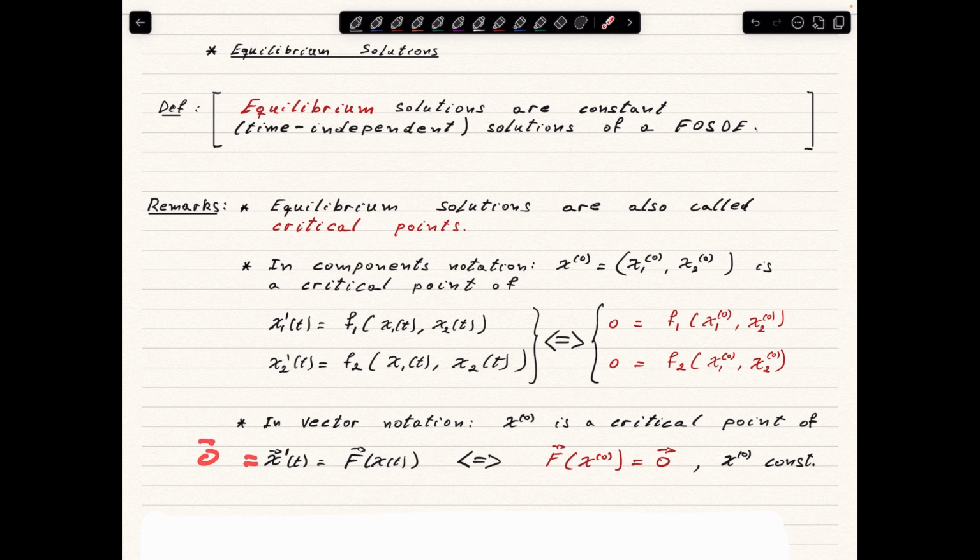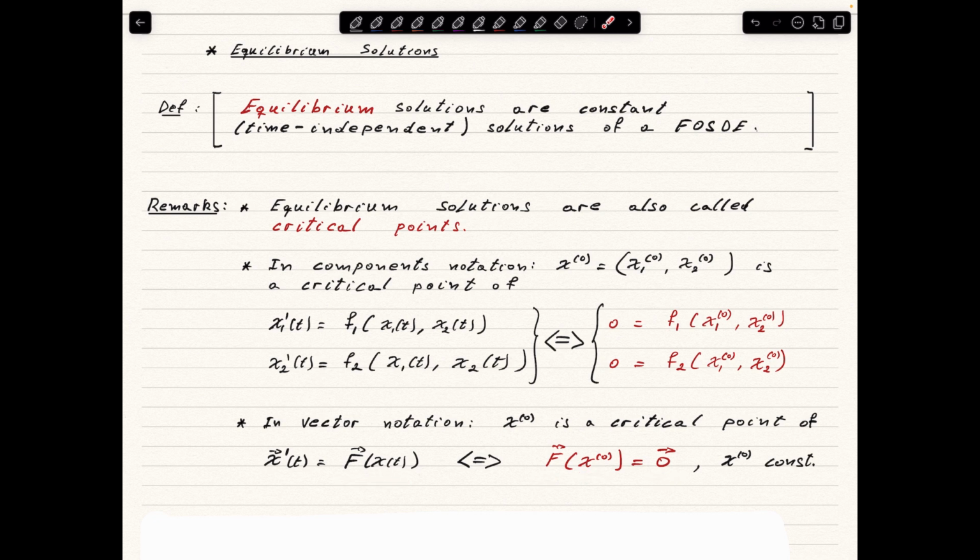So here we have the vector 0, and we have this equation for the critical point. Here we see a nice geometrical interpretation of the critical point. Critical points are the points where the vector field that defines the equation vanishes.